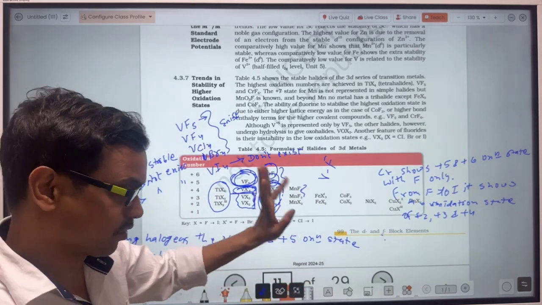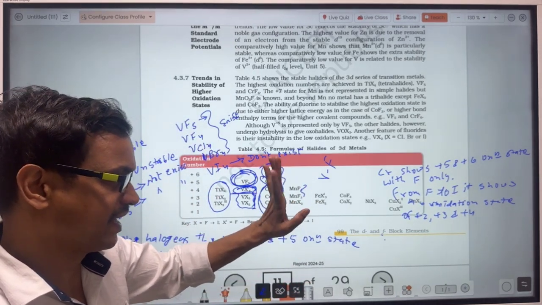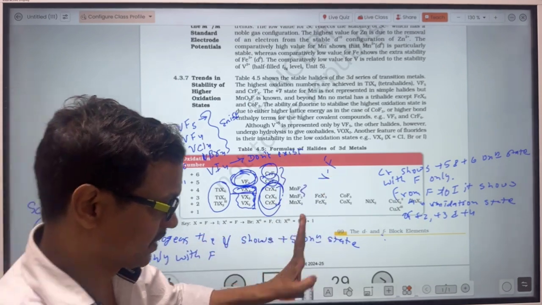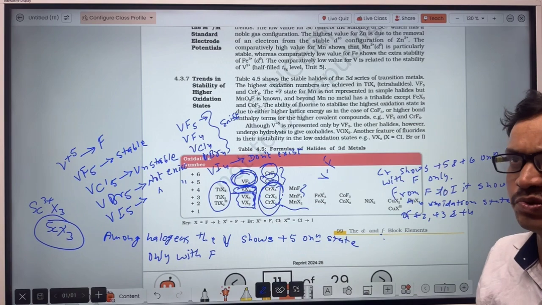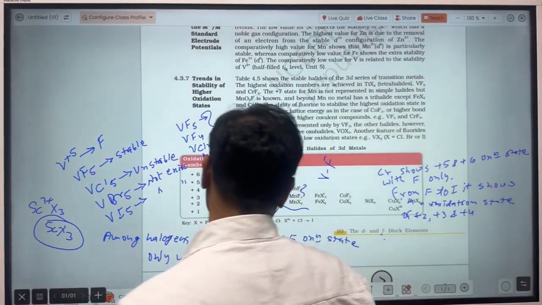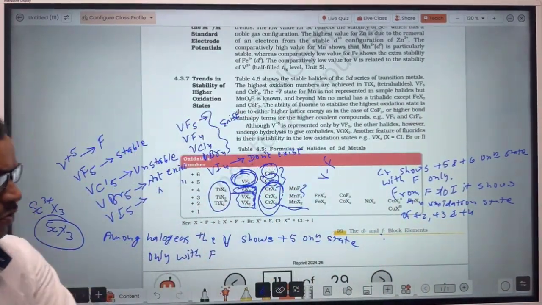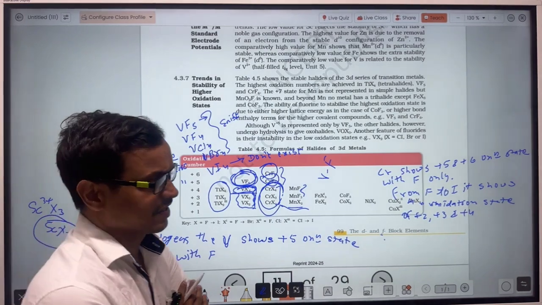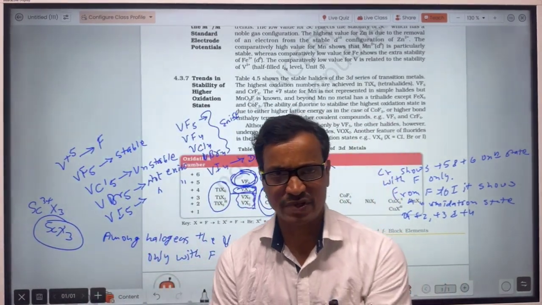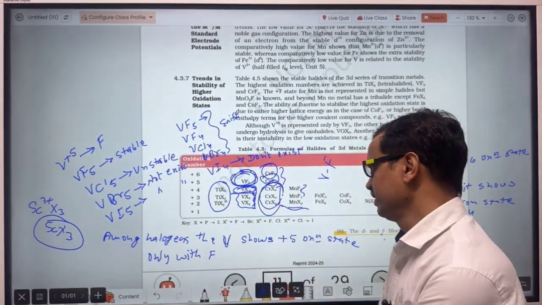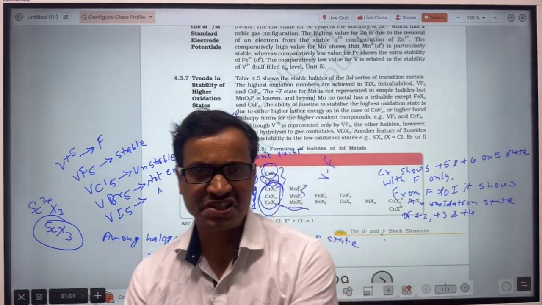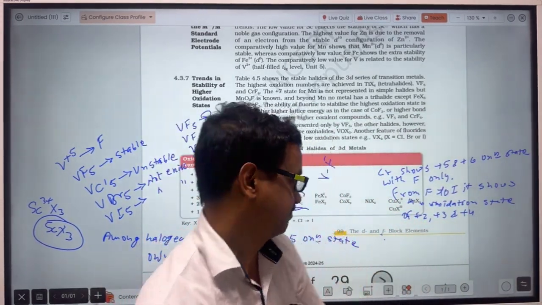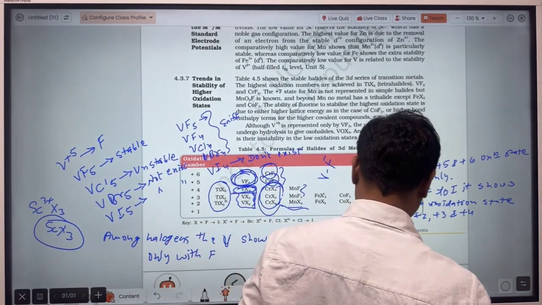With chlorine, bromine and iodine, it shows the maximum oxidation state of +2 only. Keep in mind, manganese shows +3 as well as +4 only with fluorine. With other halogens, it shows +2 only. If you want to write, you may write.